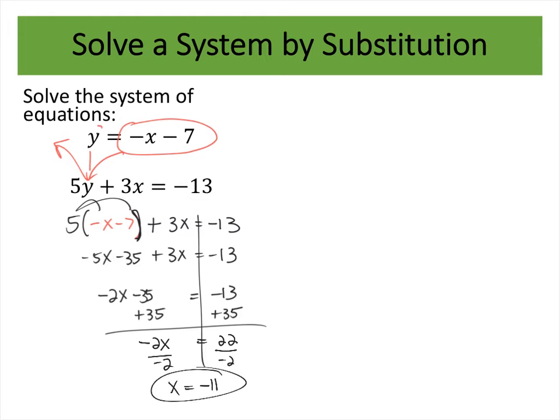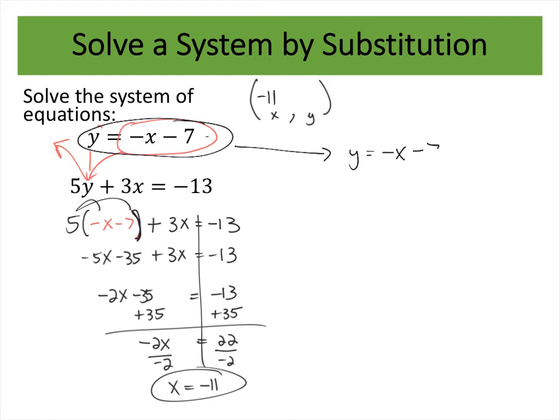Now we are not done yet because remember, a solution to a system includes an x value and a y value. And right now, we only have an x value. So our x value here is negative 11. And what we need to do is substitute it back in. So I'm going to take the equation that we started with, which was y equals negative x minus 7, and I'm going to substitute the x value of negative 11.